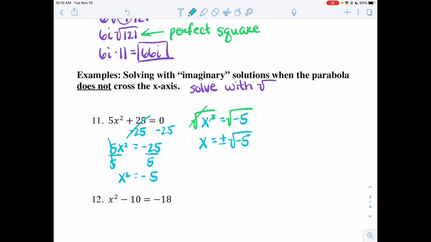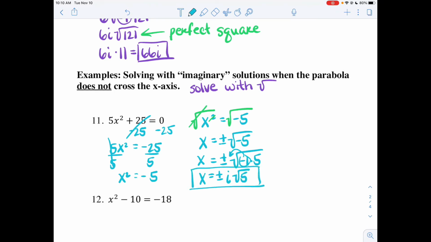All right, I need to go ahead and rewrite that as plus or minus the square root of negative 1 times 5, because remember, we can pull that negative 1 out to the front as an i. So I'm going to be left with x is equal to plus or minus i times the square root of 5.